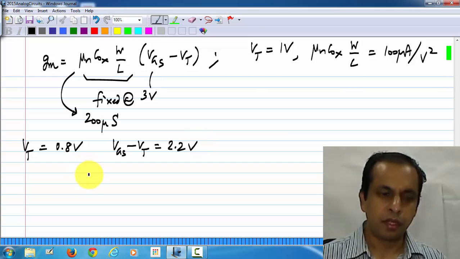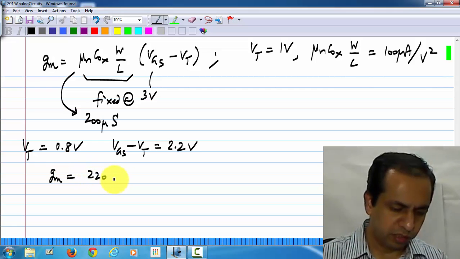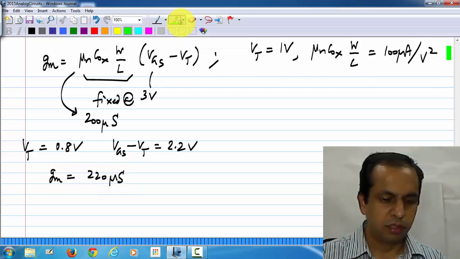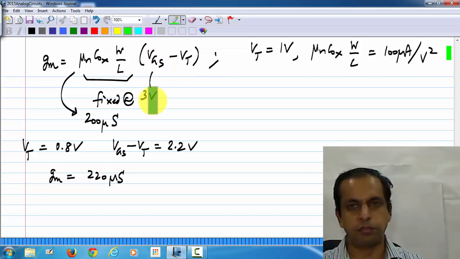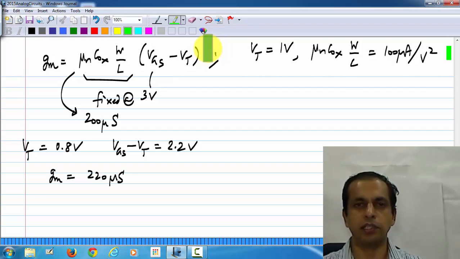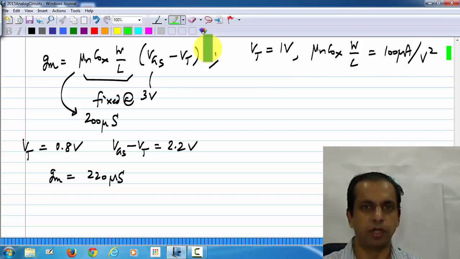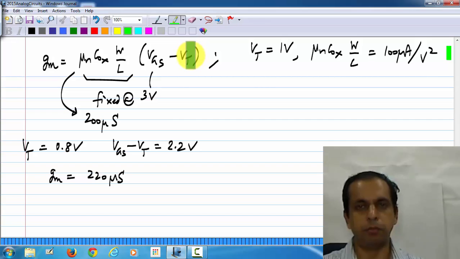So this GM will turn out to be 220 microsiemens. I hope it's clear what I am doing here. In our circuit, VGS is fixed and we thought that VT was 1 volt for our transistor, but who knows, when you buy many transistors, it could be 0.8 volts or even smaller. So if you apply the same formula with VT being 0.8 volts, you will get 220 microsiemens.